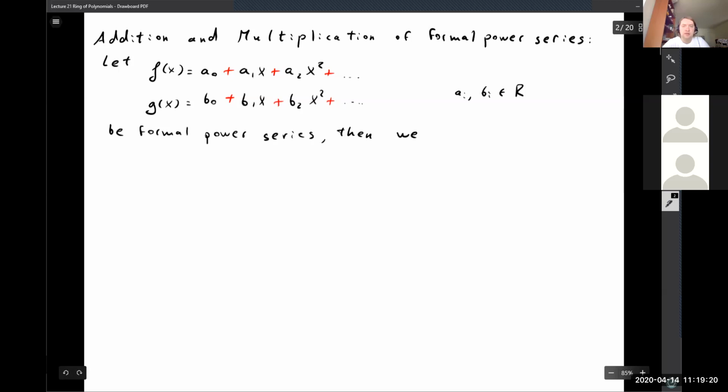Okay, so the sum of the two is simply the formal power series for which we added the coefficients. So for the constant term, we'll just add a0, b0. For the next term, we'll just add a1, b1, a2, b2, pretty much as you would add sequences, right?